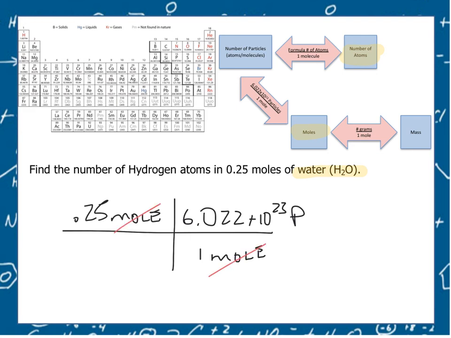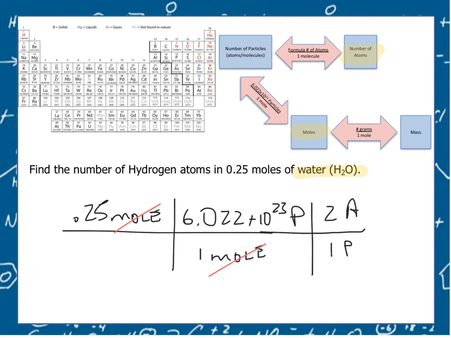Moles are gone. In this case, my particle has 2 hydrogen atoms. So 2 atoms per every 1 particle or 1 molecule. And I got that from my formula. It asked me only about the hydrogen atoms, and so my formula tells me that there's 2 hydrogen atoms for every 1 water.